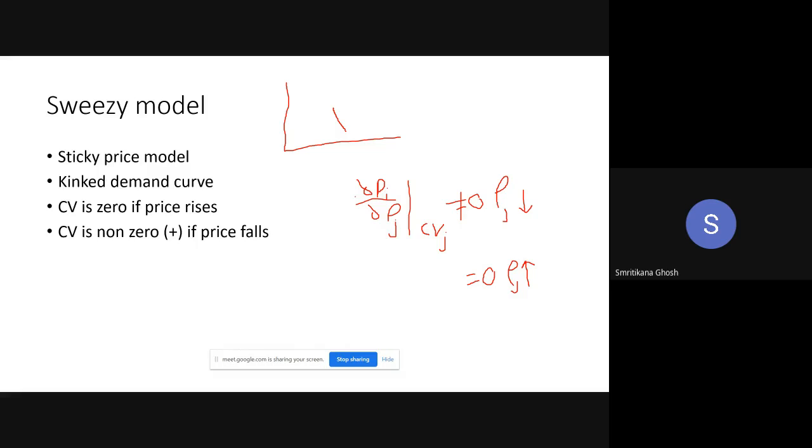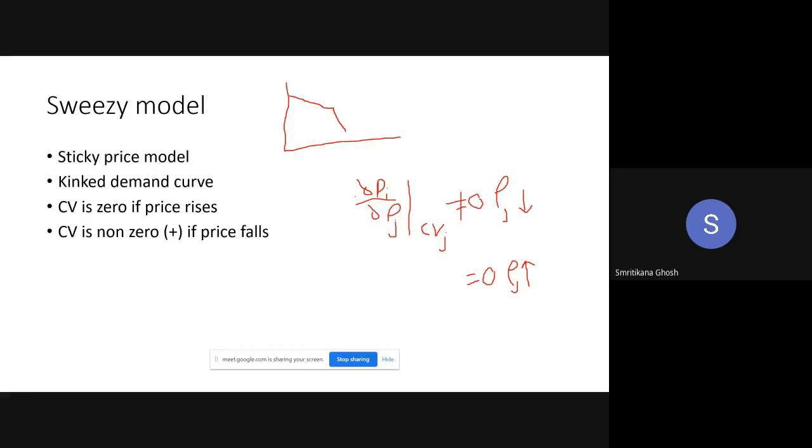So I will lose a significant part of the market share because actually I'm a fool. That is why I'm increasing the price in this competitive world. Then the market share of my product will fall drastically because all others will take my market share. So in that case, my demand will be a bit elastic. So it's like this.